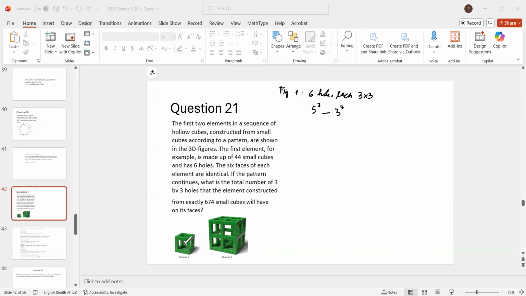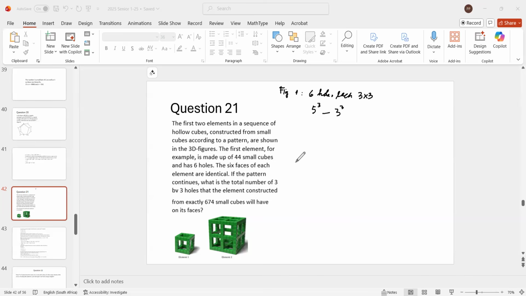5 cubed minus 3 cubed, because the inside, the hollow part is a 3 by 3 by 3, right? You got this side here and this side here come out, and you'll have only 3 sides in the thing.